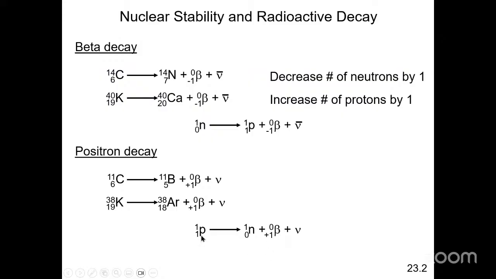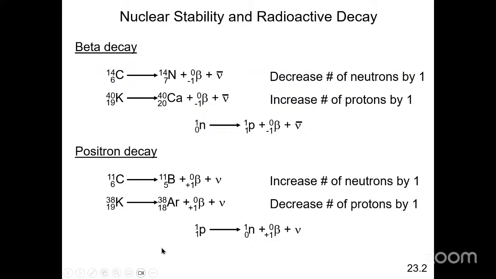So basically what will happen is that the number of neutrons will increase by 1 and the number of protons will decrease by 1. That's because the proton is being converted to a neutron.